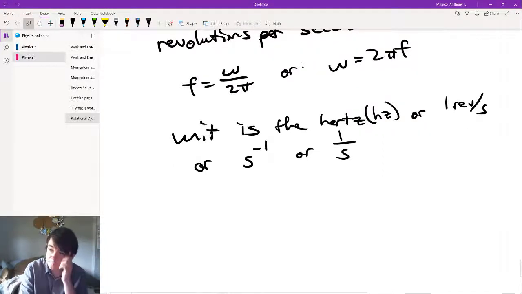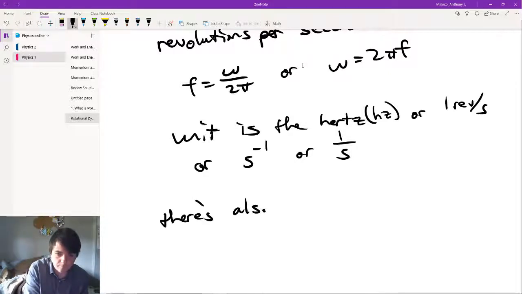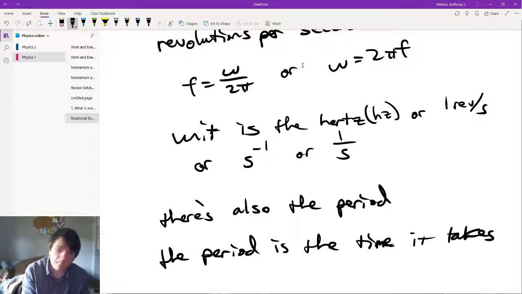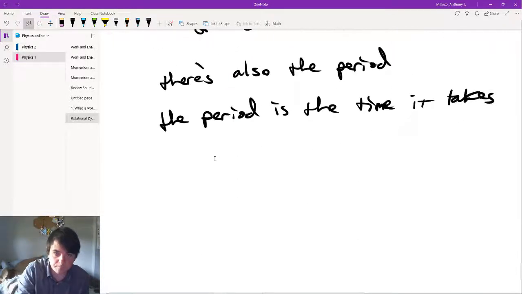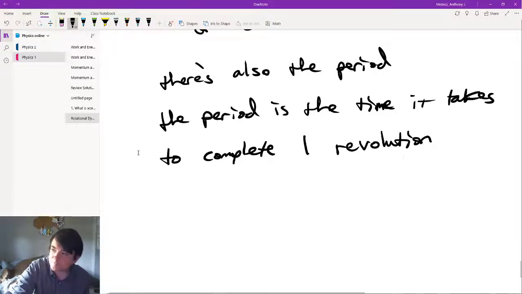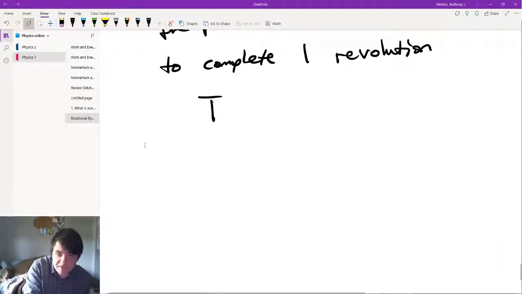There's one other thing, and that's the period. The period is the time it takes to complete one revolution, and T is the symbol for period.